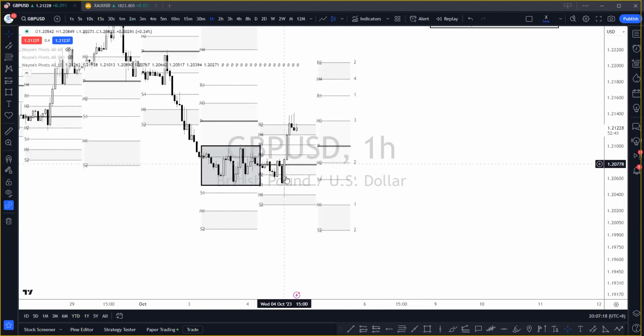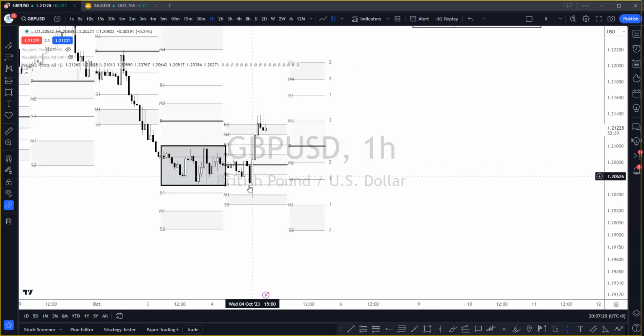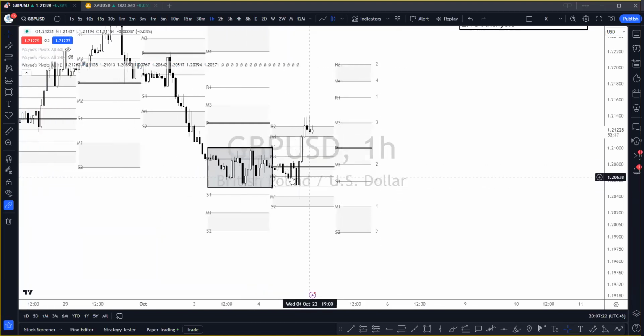In this scenario, what we can see here today is 4 levels below the pivot point and 4 levels above the pivot point. The key ones are the 2 support levels, S1 and S2, below the pivot point, and the 2 levels above the pivot point, which are R1 and R2.